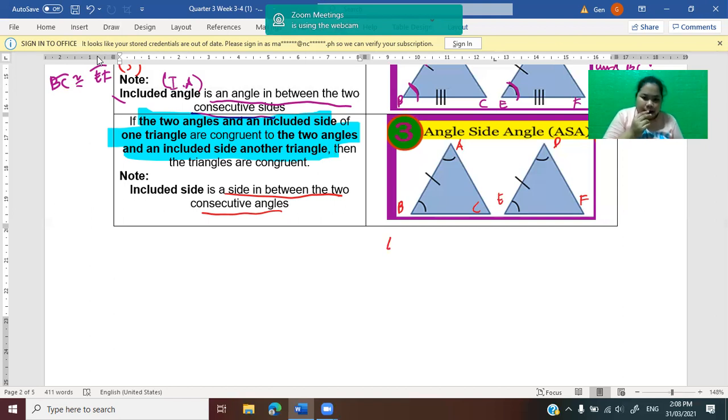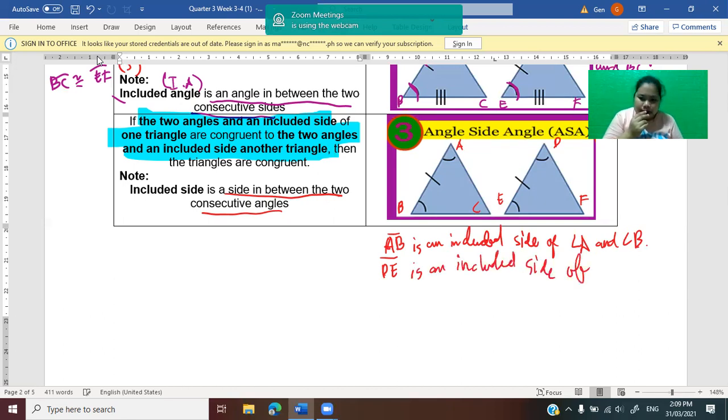Si AB ay included side ni angle A and angle B. So, we have here AB is an included side of angle A and angle B. On the other hand, DE, sa kabila naman, DE is an included side of angle D and angle E. Okay.